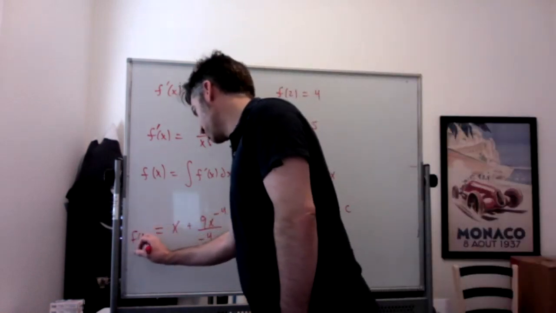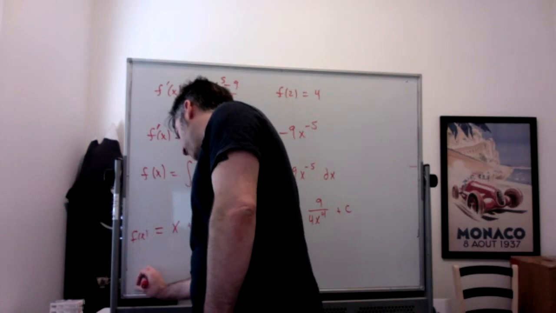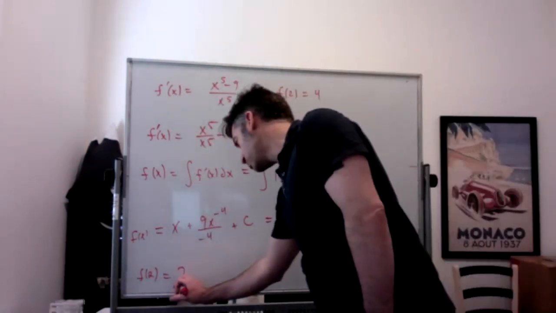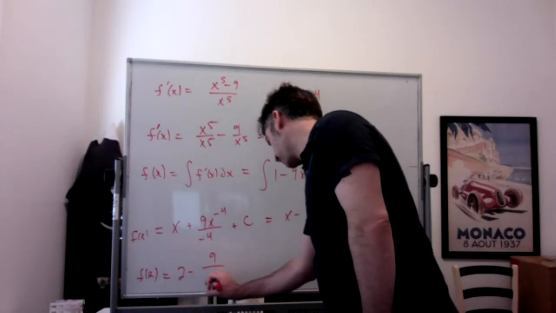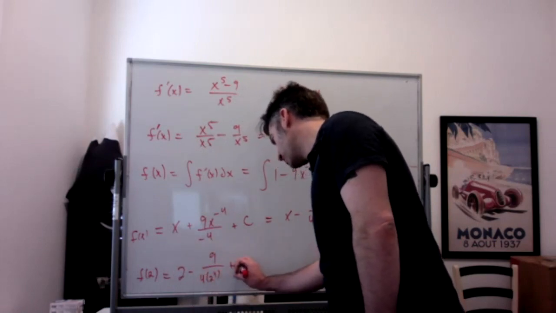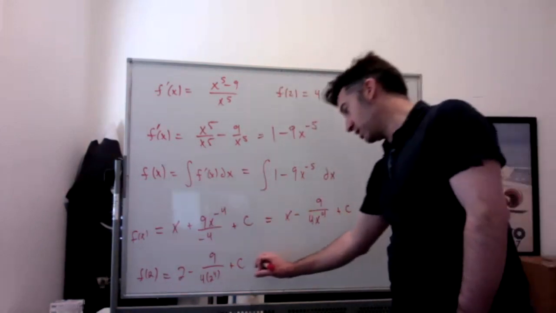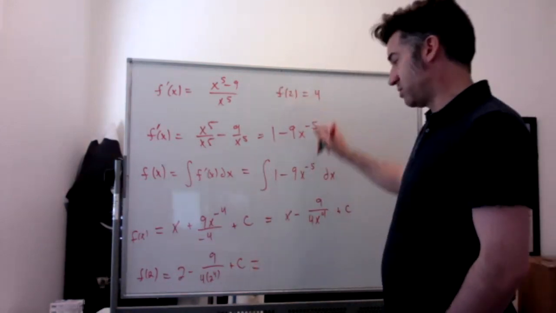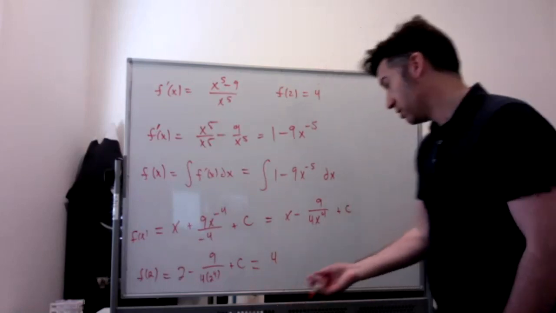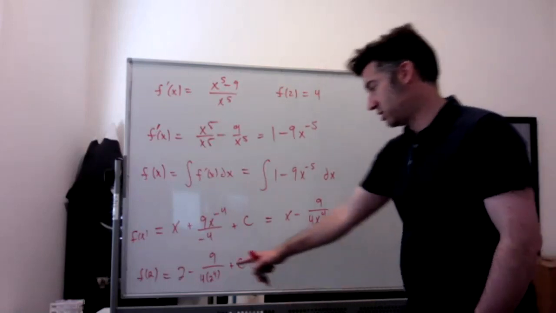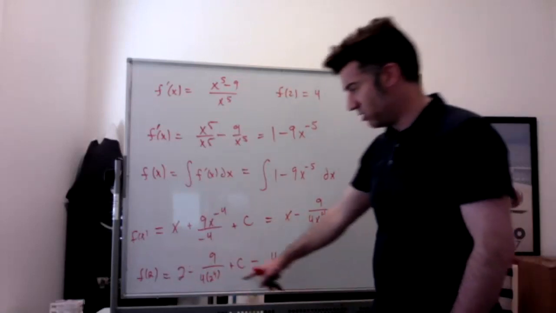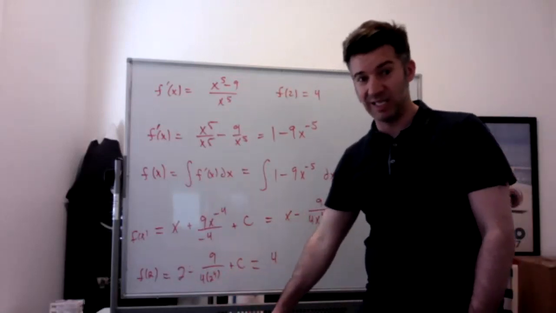Okay, now this is what we were saying f of x is equal to. So then we're going to plug into f of 2. If I plug in 2, I should get 2 minus 9 over 4 times 2 to the fourth plus c. And that should equal, well, f of 2 is supposed to equal 4. So now we're going to solve for c. I'm going to subtract 2 from both sides and add 9 over, let's see, 2 to the fourth is 16. 4 times 16 is 64.